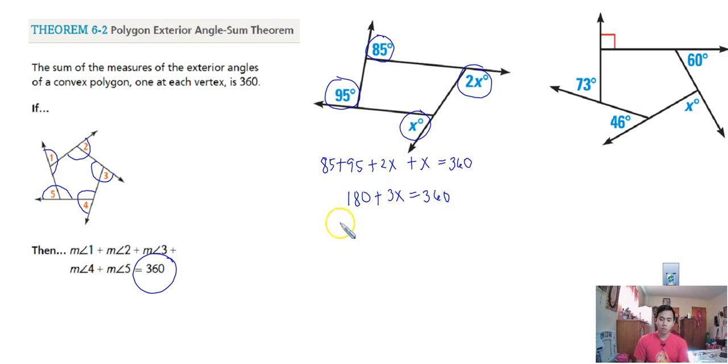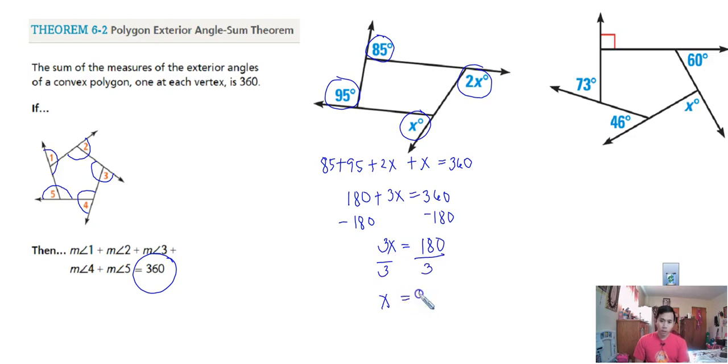And then I'm going to subtract 180 from both sides. Of course, this one will be 180. Sorry about that. This is 3x. My pen is not working. So 180. So I'm going to divide both sides by 3 to get the value of x.